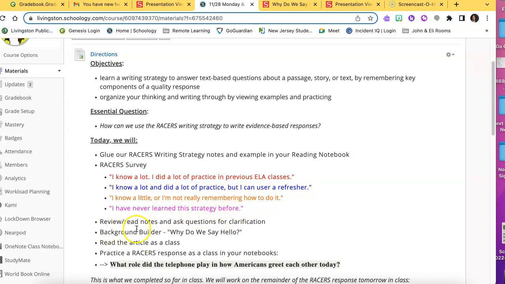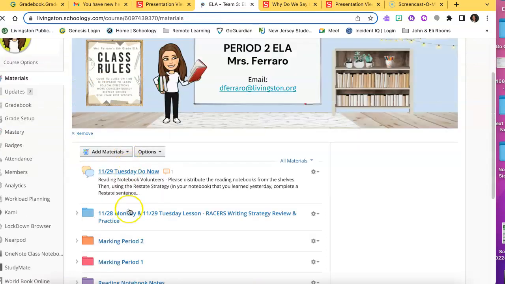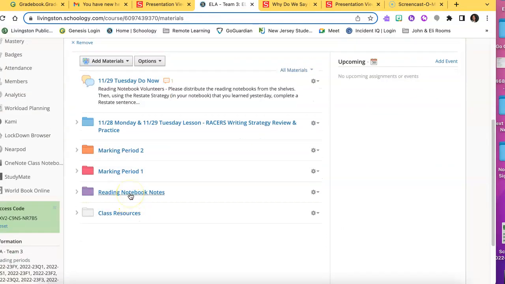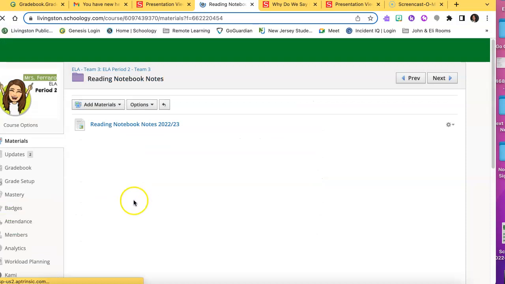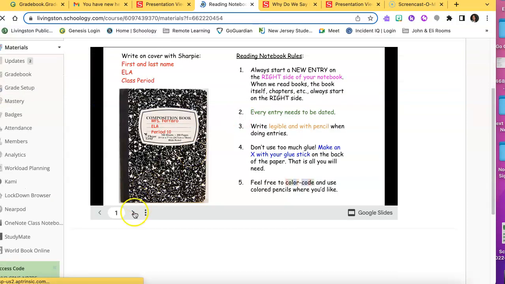So then what we did on Monday is we went through the notes in the notebook, and we just really took a long time to discuss those. You can find those notes in your notebook, but you could also go to the online reading notebook notes in the purple folder. And it's the last slide in the slideshow.